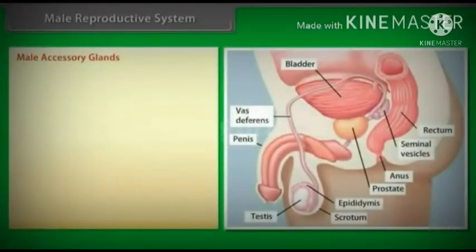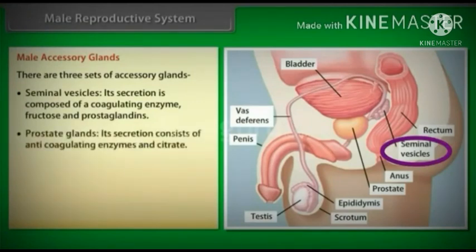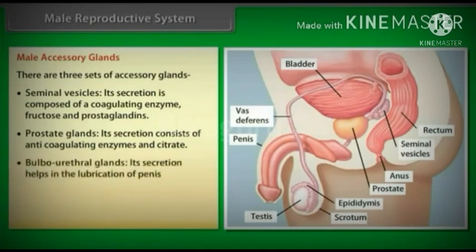Male accessory glands. There are 3 sets of accessory glands. Seminal vesicles. Its secretion is composed of a coagulating enzyme, fructose and prostaglandins. Prostate gland. Its secretion consists of an anticoagulating enzyme and citrate. Bulbourethral glands. Its secretion helps in the lubrication of the penis.